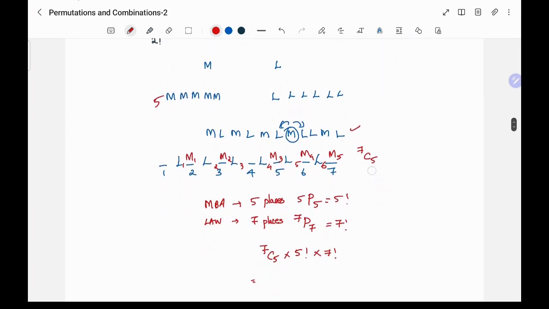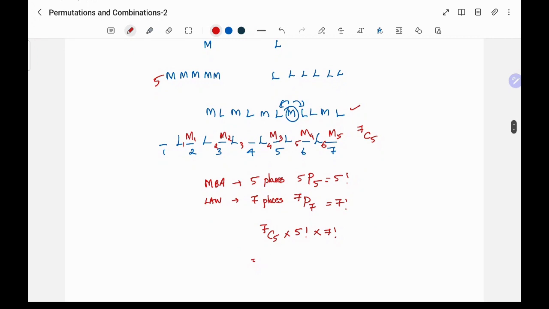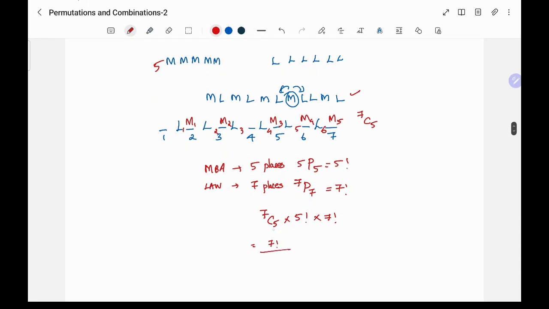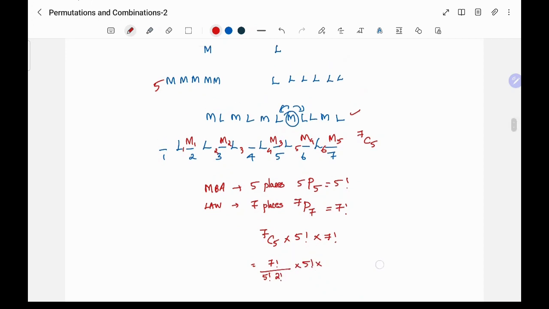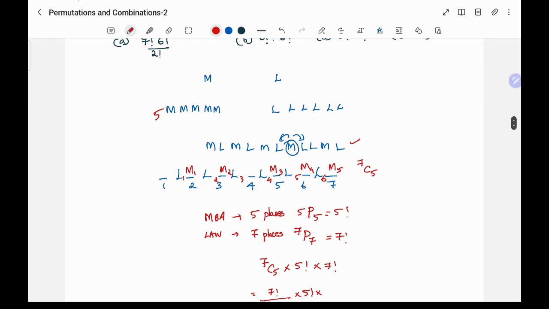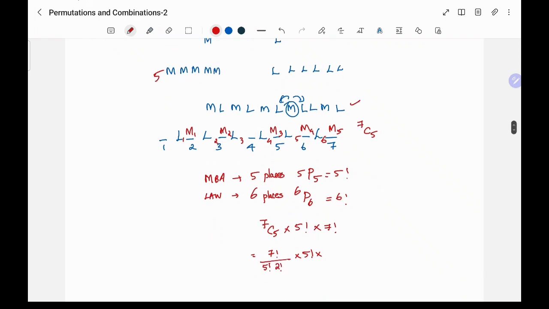So we can simplify this, right? 7 factorial by 5 factorial into 2 factorial, into 5 factorial, into, there are only 6 law students, right? So this is 6 places and 6P6. Really sorry for the confusion.